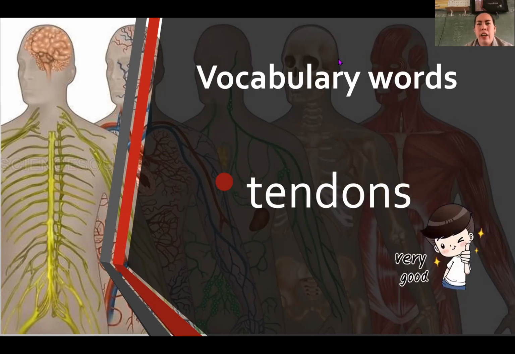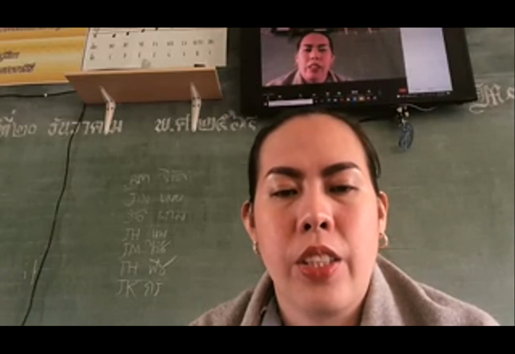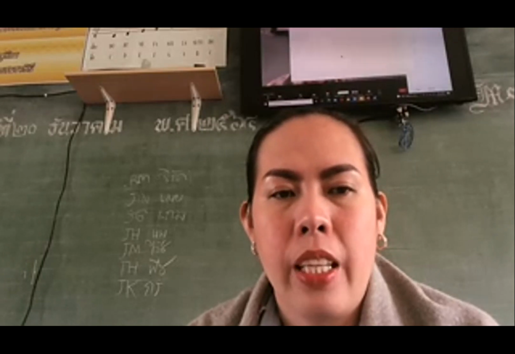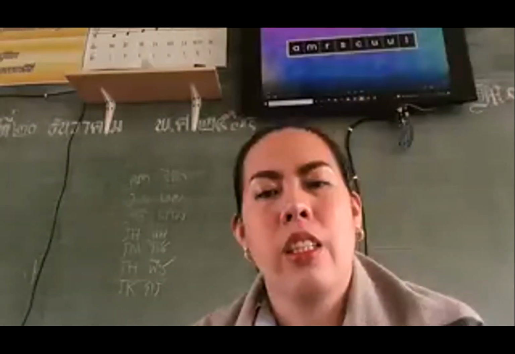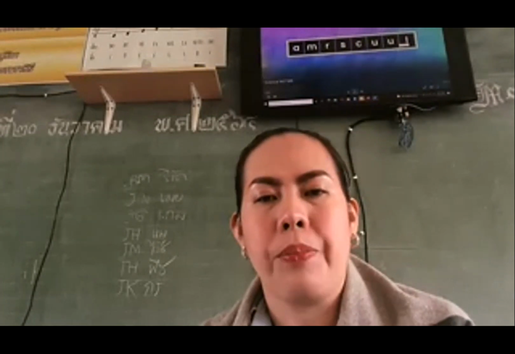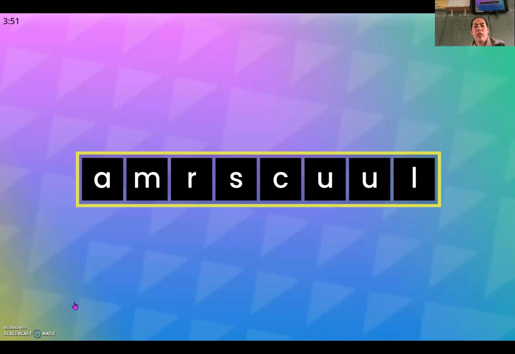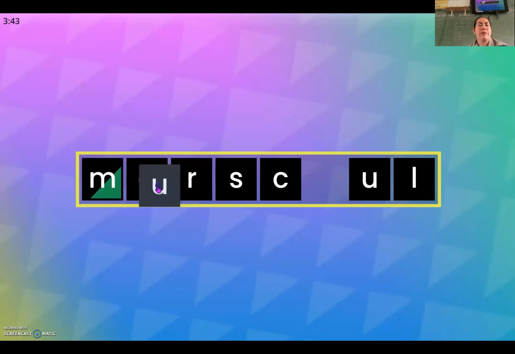Now let's try to scramble the words and arrange it on the anagram, okay? So everybody, what is the first letter of muscular? M. What is next to M? Okay, let's get letter U. What is next to U?